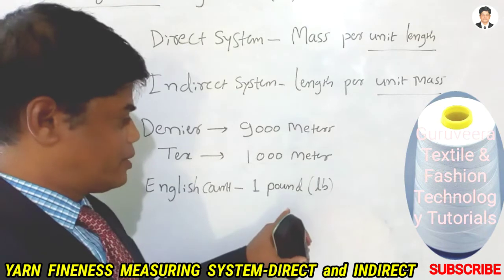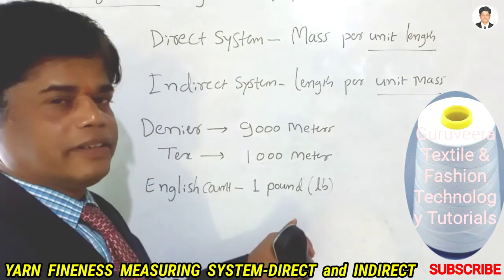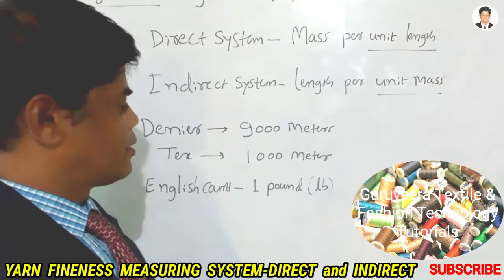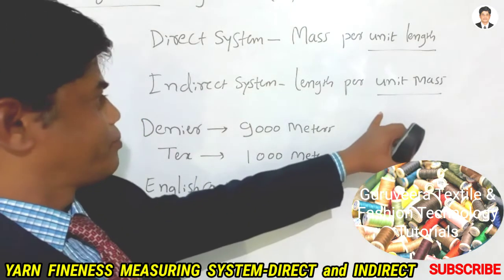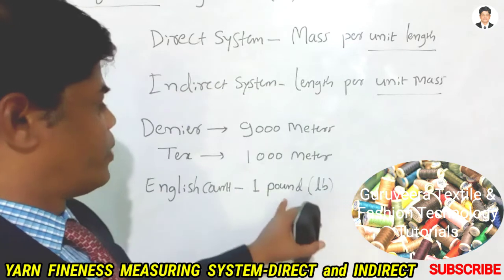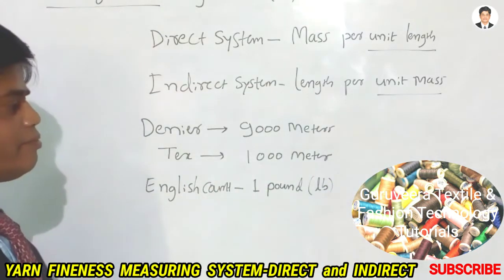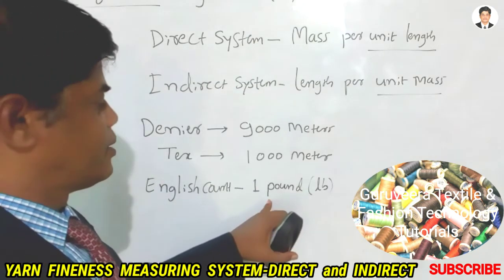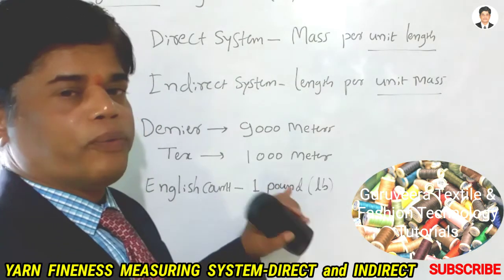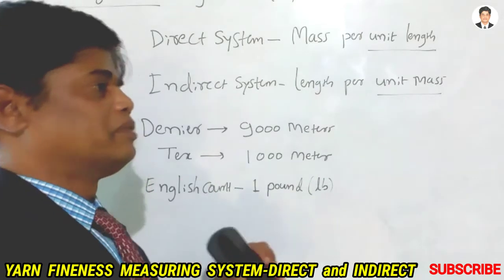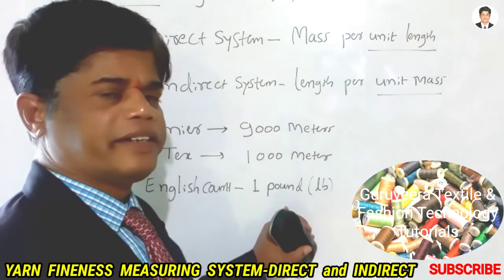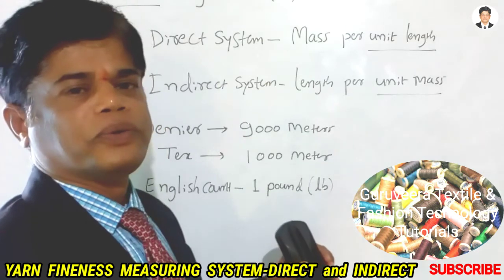And English count. What is the unit mass? 1 pound. In this case, whatever the length you take, you have to test. This is a standard; whatever length, we don't know.